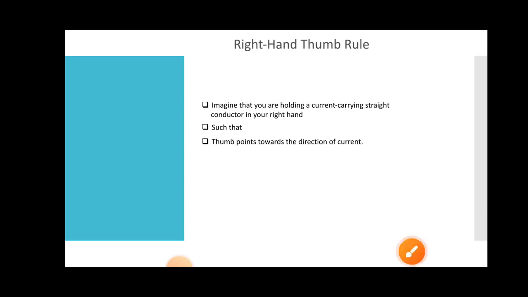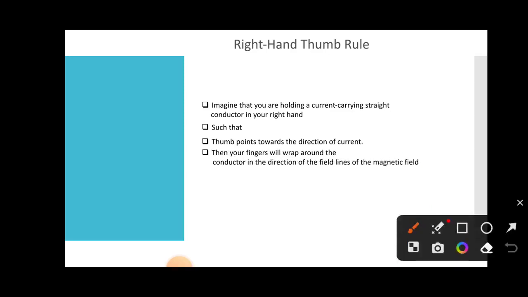Then your fingers will wrap around the conductor in the direction of the field lines of the magnetic field.